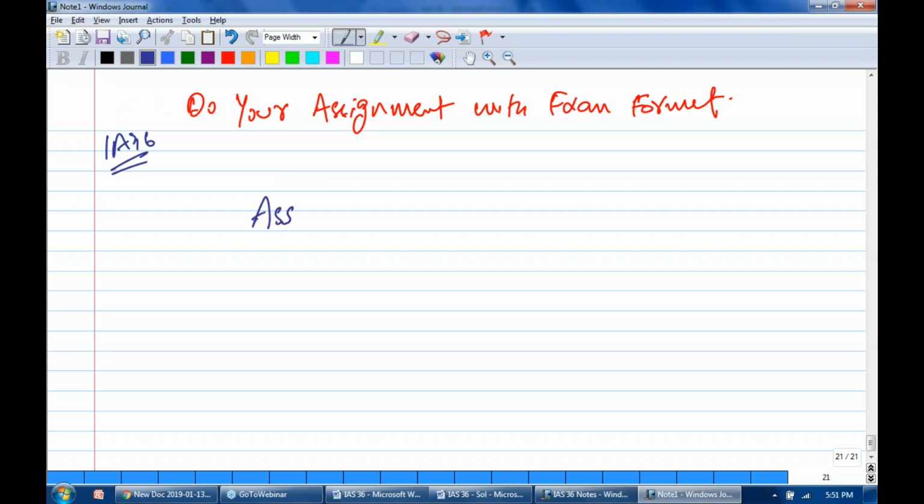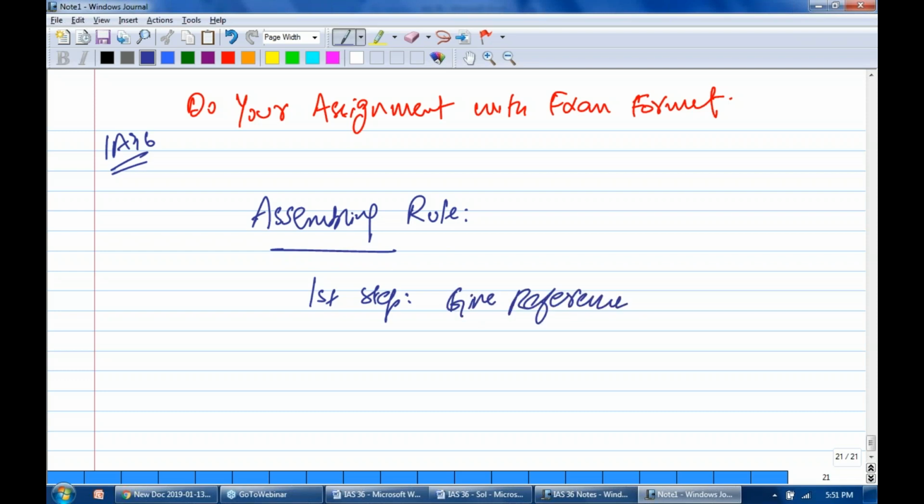That is the assembling rule. We have already discussed this point. Two steps. First step, give a reference of the IFRS or IAS.